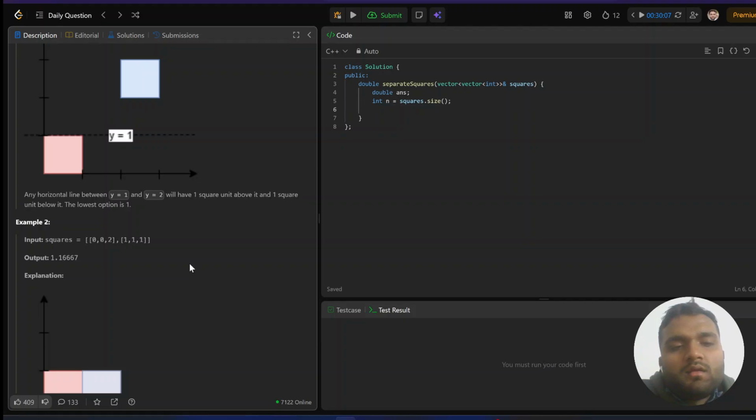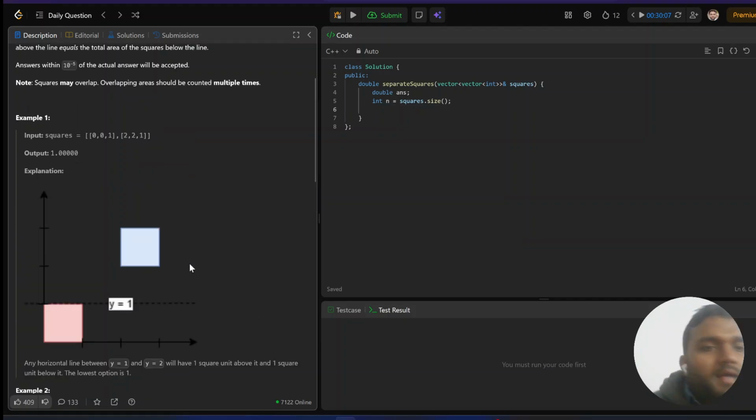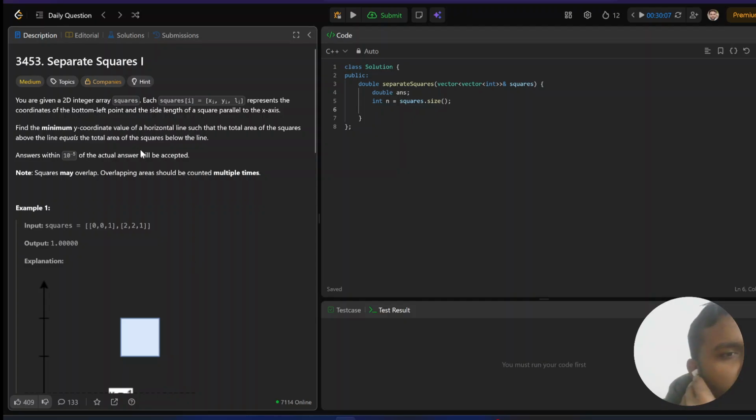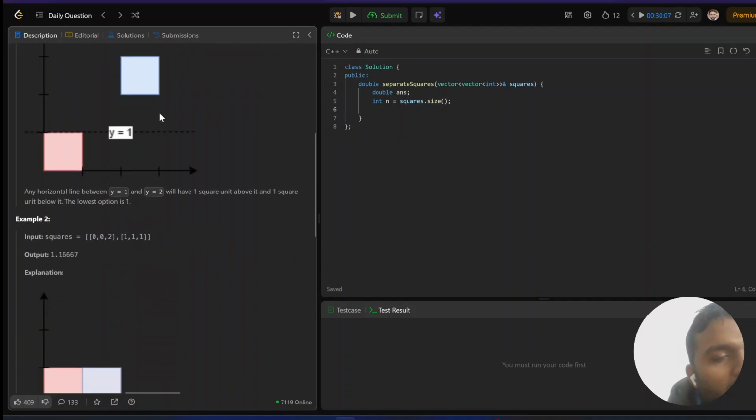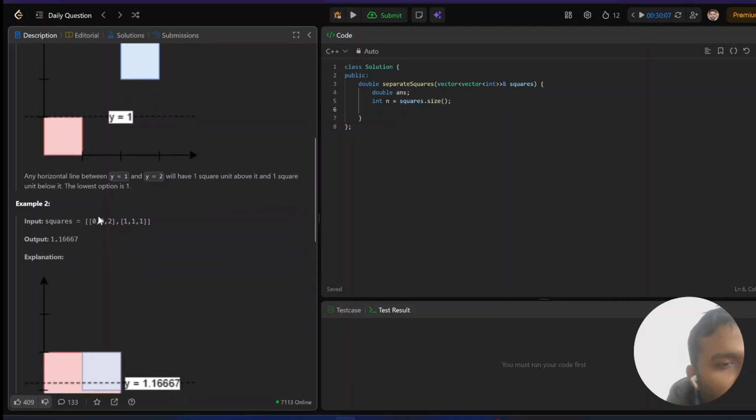And these are squares. That means every side length will be equal, so we can calculate the area of each square from this.